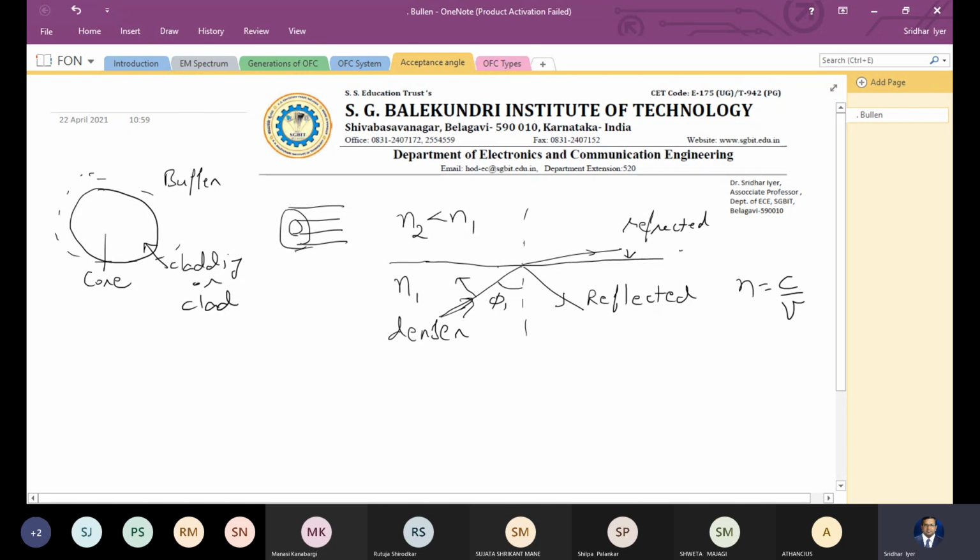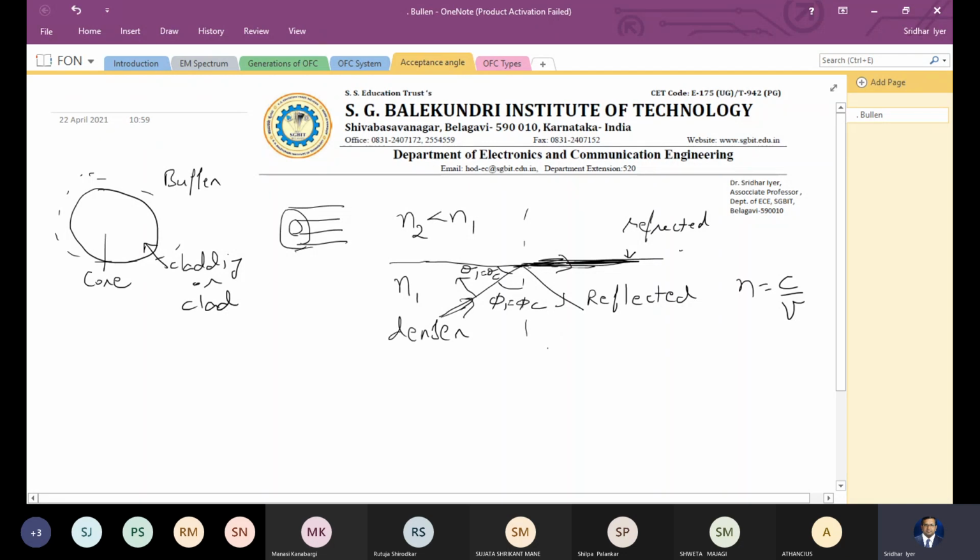Okay? So then you will finally have an angle. So let me erase this refracted ray. So finally you will have an angle for which the refracted ray will be exactly in the horizontal, right? At that moment we call phi 1 as phi c, and we call theta 1 as theta c, where phi c is going to be the critical angle, right?